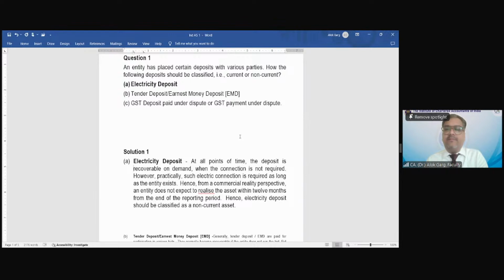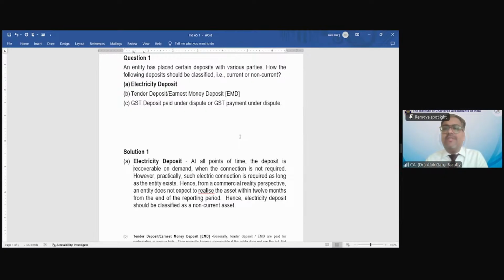When you enter corporate life, or even if you are pursuing your articleship and auditing any company, there are possible scenarios. Whenever you talk to the management or speak to your senior and they ask what should be the right answer, you have to lay out your answer supported by the different scenarios.